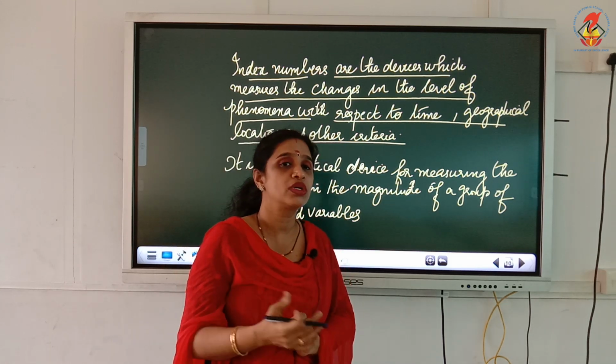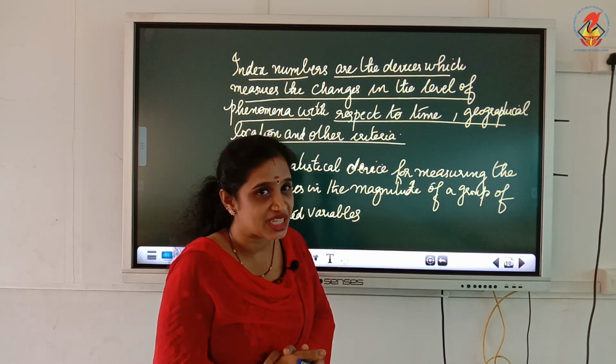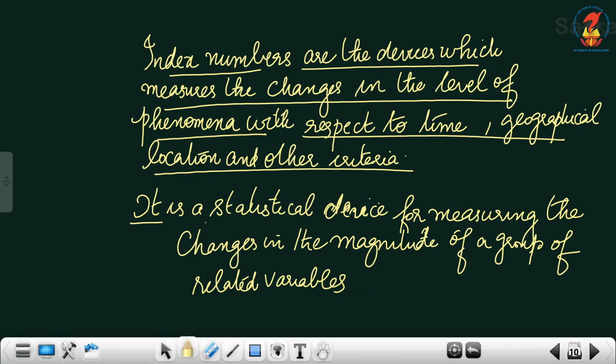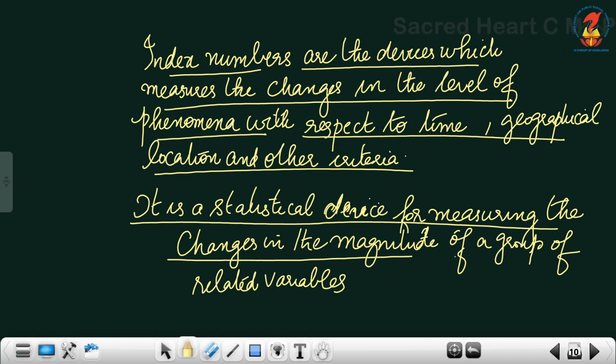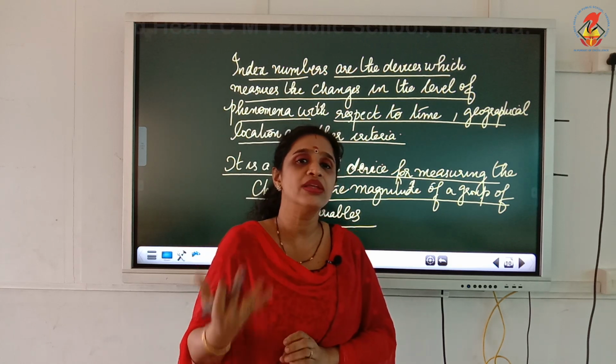So, let me explain this with the help of the second, simple definition which is given for index numbers. It is a statistical device for measuring the changes in the magnitude of a group of related variables. Now, what are variables? The variables are those which change every time.